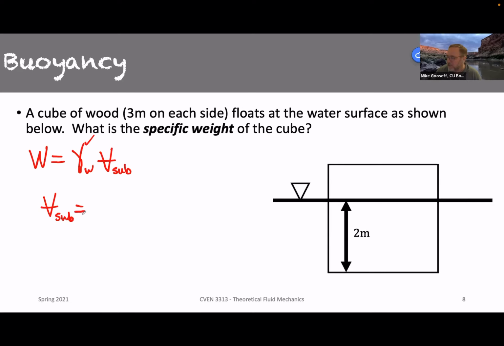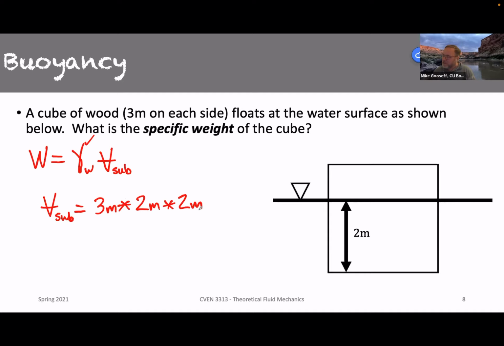So the submerged volume here is, remember, it still goes 3 meters back into the page or the screen here. So we have that 3 meters in, I don't know if we want to call that depth or width, depending on how you think about that. Then we multiply by 2 meters that's submerged on this front side. And then we also multiply by, let's see, so that was another 2 meters here for what is submerged.